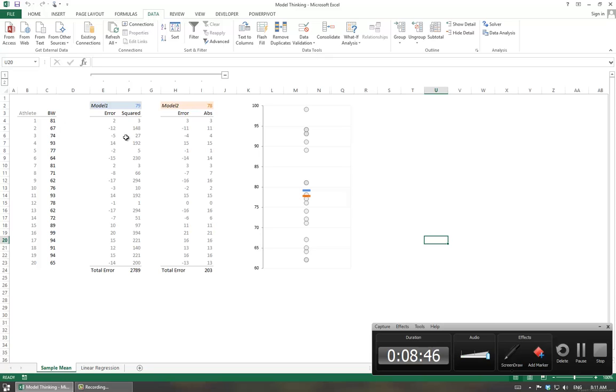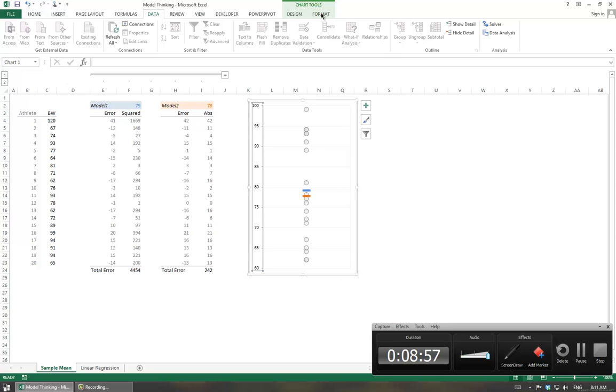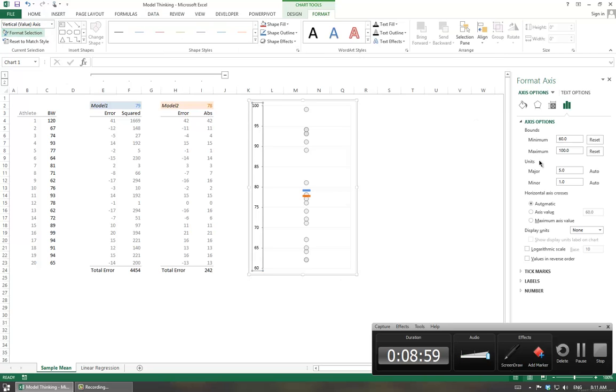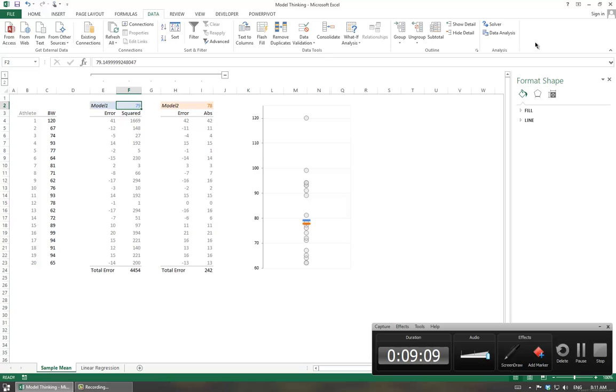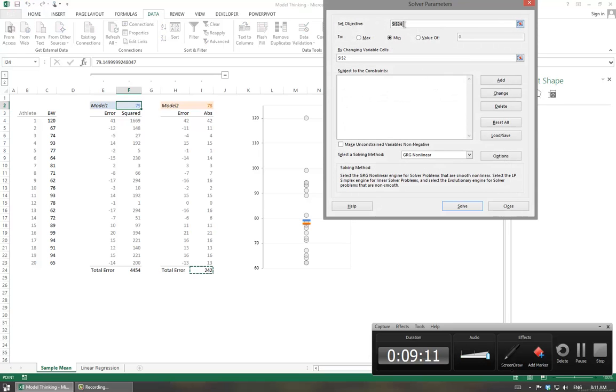So let's say I'm going to plug in one outlier, that's 120. It's outside of the axis. So that's our outlier over here. And we're going to repeat the procedure, just going to try to find a model that minimizes the error.